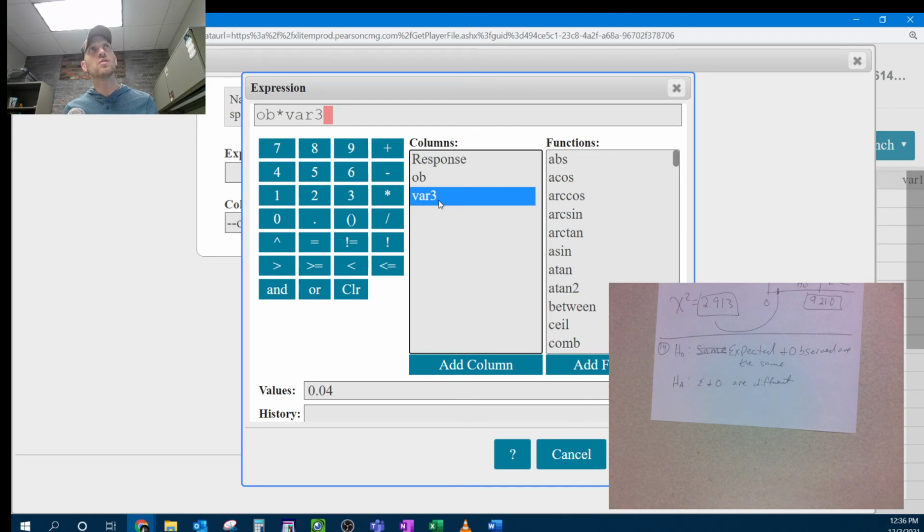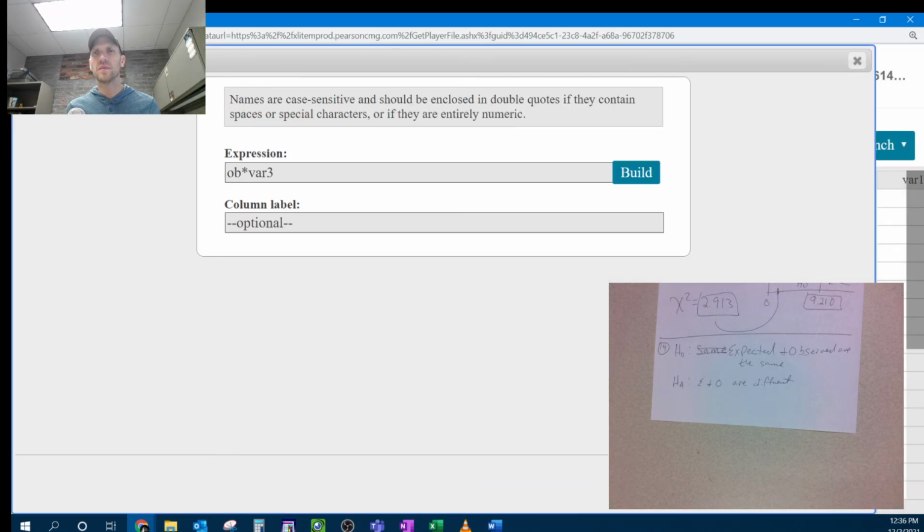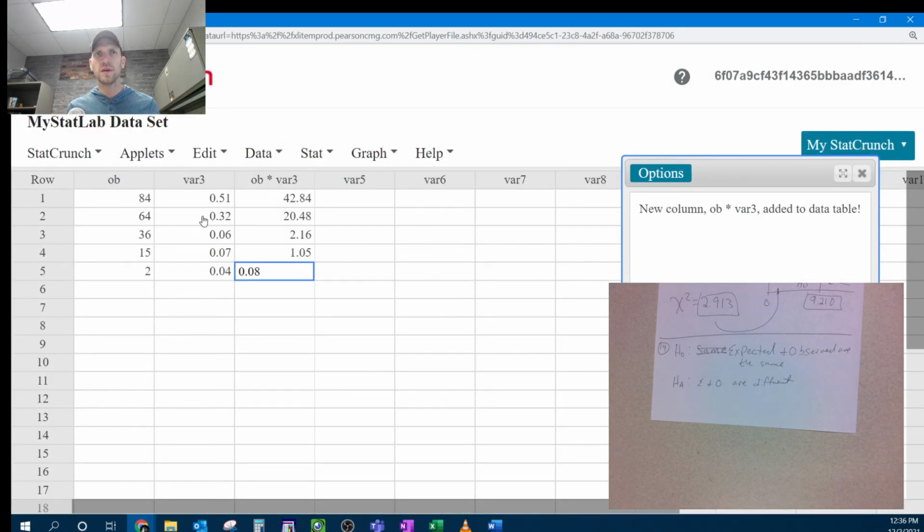And let's see, will that do the trick? I think that it will. Let's compute that. And there it is. That looks pretty good. All right, so you can do that in a calculator.